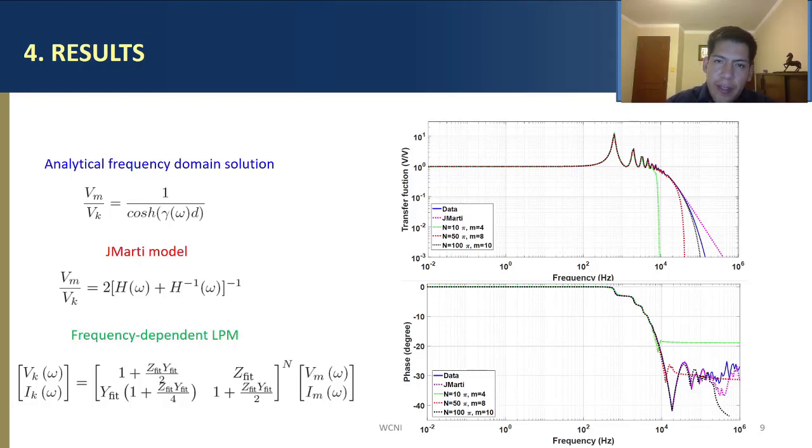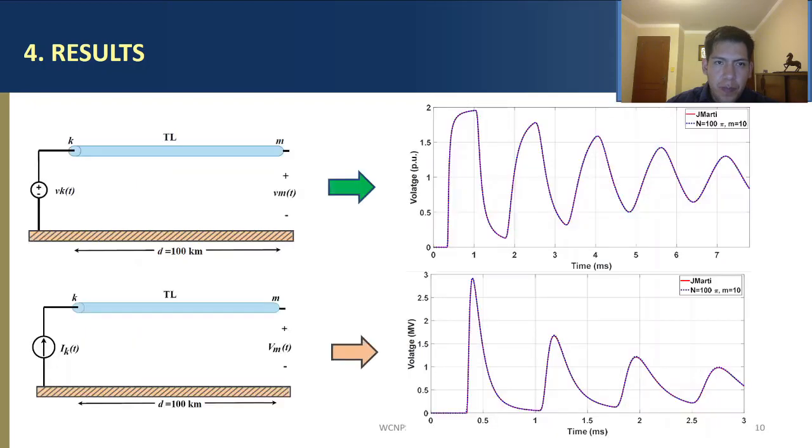As we increase the number of frequency-dependent pi sections and the quantity of poles used to fit the longitudinal impedance, we can accurately describe the ratio between the input voltage and the output voltage of the transmission line.